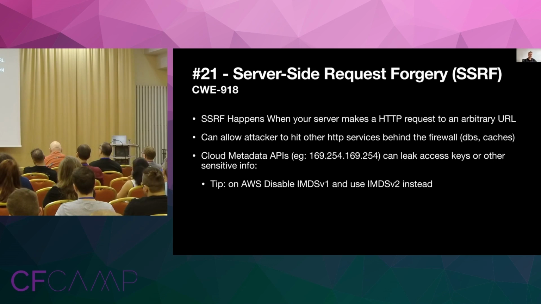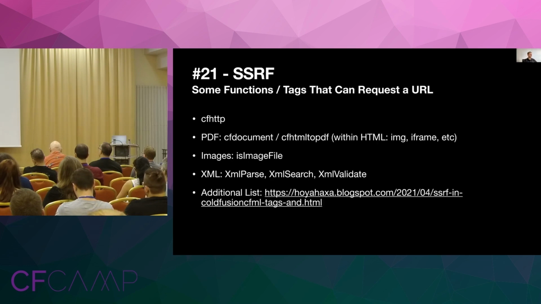So on AWS, there's instance metadata service version 1, which is vulnerable to this type of attack, and then they've made a version 2, which you can enable and disable the version 1, which would not be vulnerable to an SSRF attack. So pretty much anywhere you can have a URL could potentially be vulnerable to an SSRF attack.